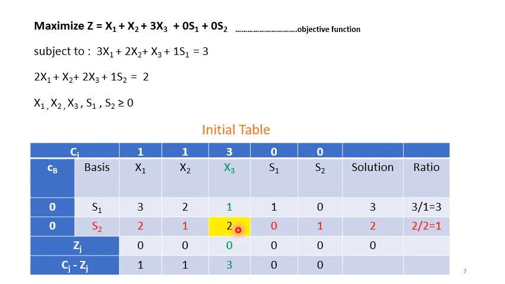Your new table will now have x3 in the basis as a basic variable, and S2 will leave. x3 will come with a coefficient of 3 in place of S2, and all the other values in the table will be calculated according to the calculations shown in the next slide.